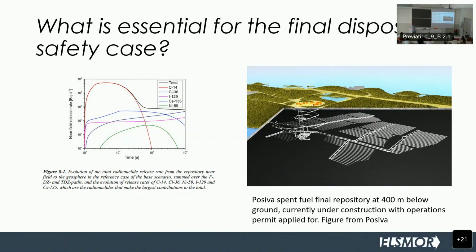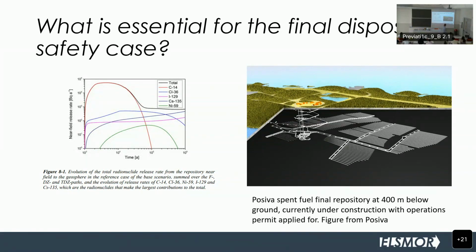If you look, there is carbon, chlorine, iodine, which form salts, and probably cesium and nickel. These are water soluble and go with the water inflow, and that's why they are the relevant nuclides in this final disposal safety case. Heavy metals do not flow with the water so well.